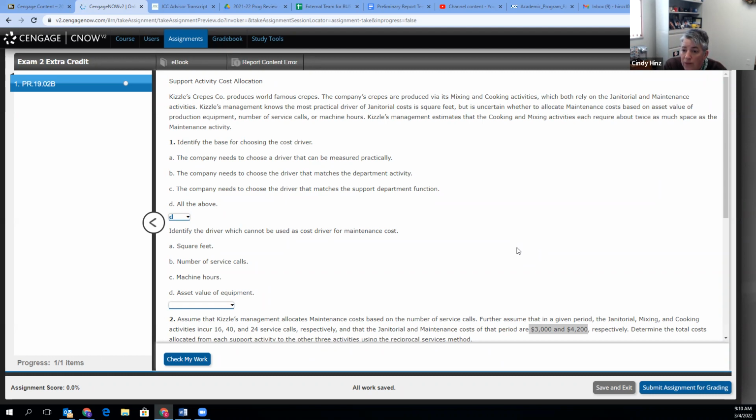Okay, so square feet, identify which cannot be used. We have square feet, number of service calls, machine hours, or asset value of equipment. And so the one that it did not.